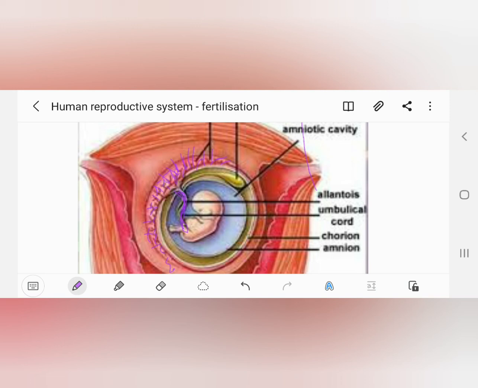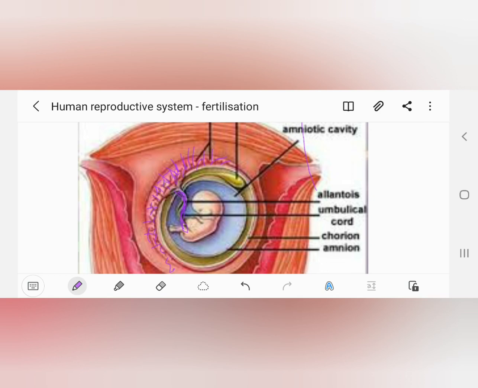Here, in case of human being, the gestation period is 280 days. It will be varied from animal to animal. In case of cat and dog, it is 63 days. In case of horse, it is 330 days. In case of cow, around 380 days. In case of rat and mouse, it is about 20 to 22 days.